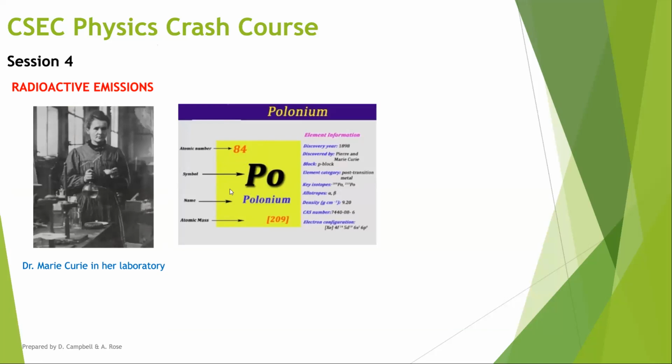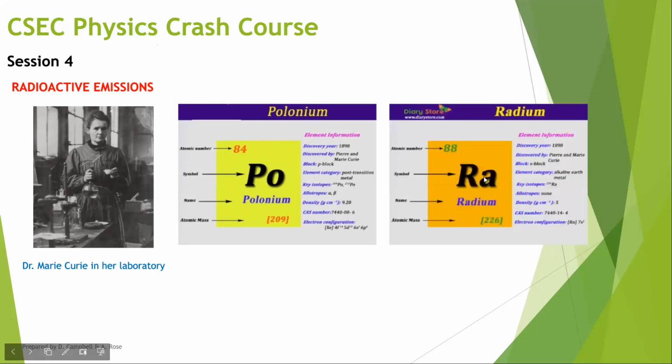Not that you need to recall any information here, but if you see the periodic table, you will recognize that the symbol Po is for polonium, and radium is Ra. So notice the atomic numbers 84 and 88, very close to uranium.